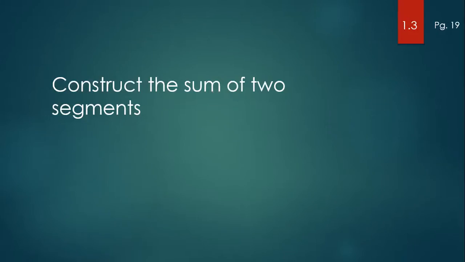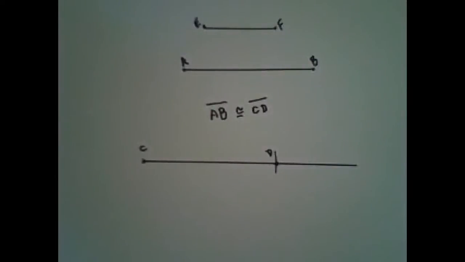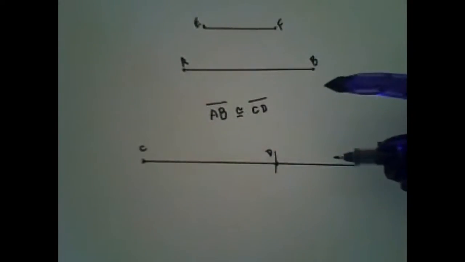Now let's see how to construct the sum of two line segments. So here's the construction we just finished. We copied segment AB. Suppose that we want to construct the sum of segment AB and segment EF. The first step would be to do exactly what we did in our first construction.